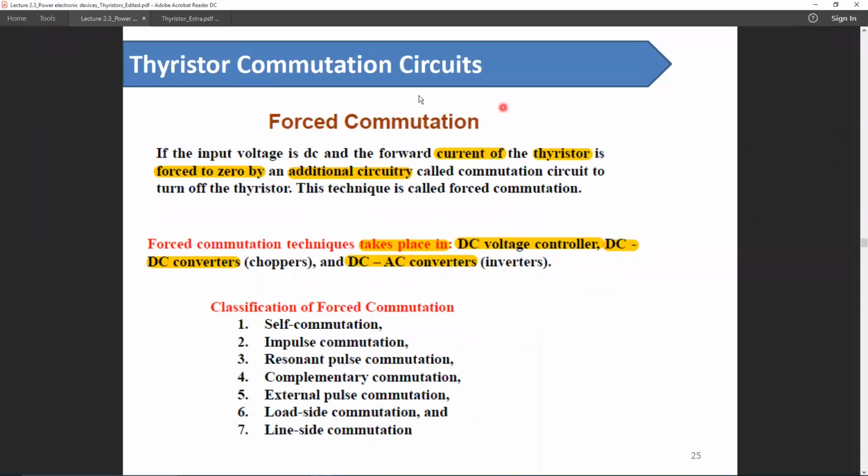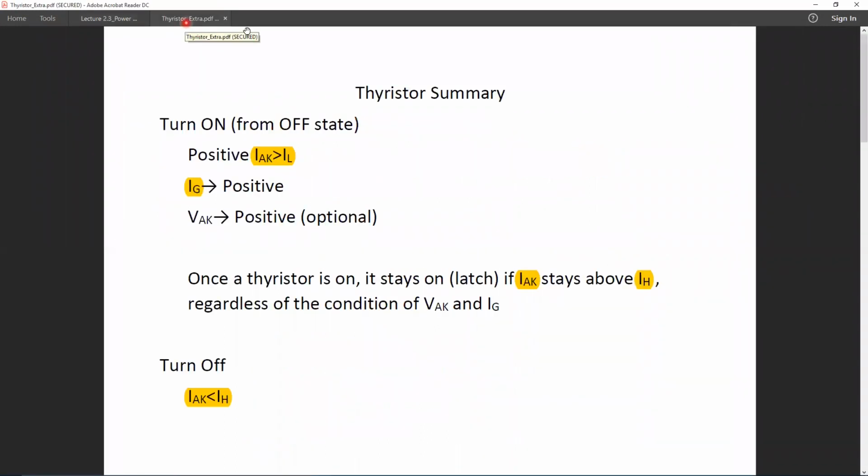Before we start discussing force commutation, we should go through some of the basics of thyristor. So to start with, in order to turn on the thyristor from off state, we need to provide a positive anode to cathode current, which should be greater than latching current.